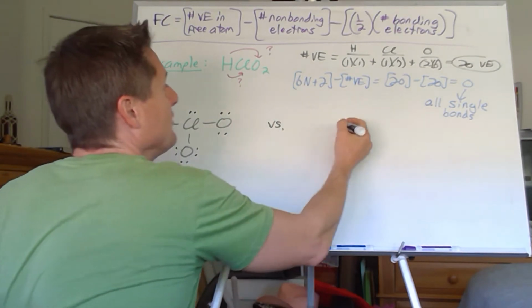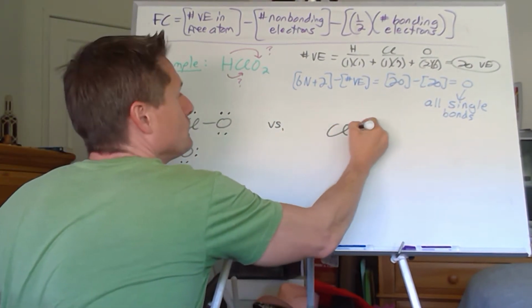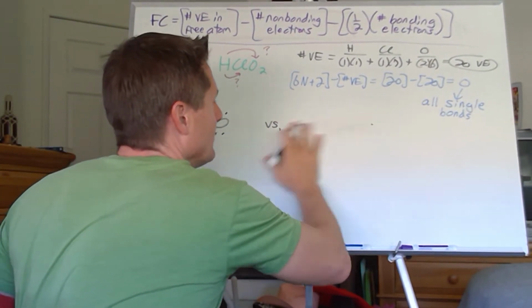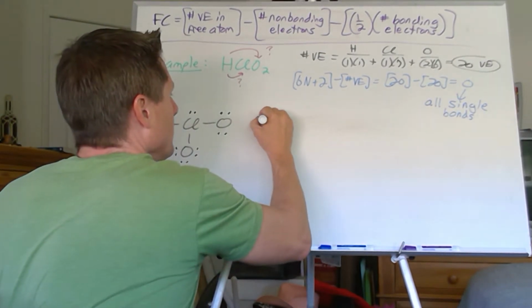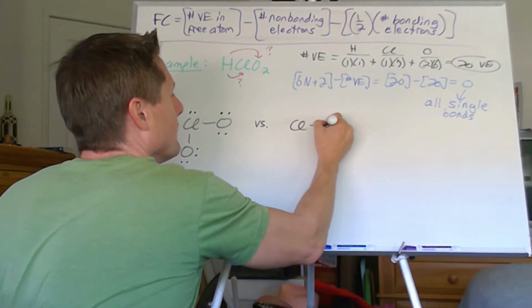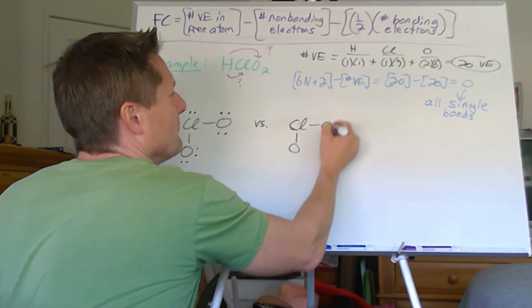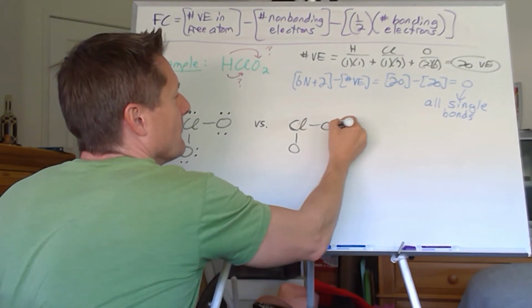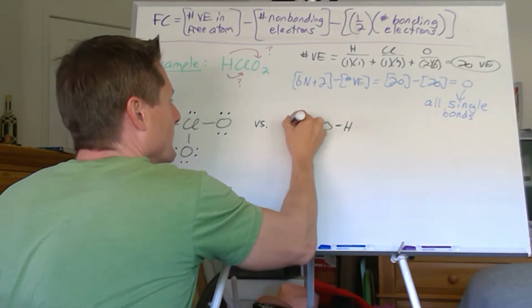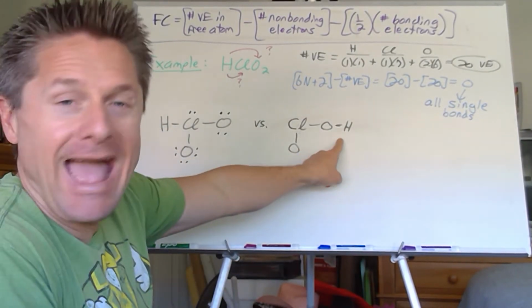All right. So now let's do it this way. We'll do the chlorine with the oxygens. Make this a little smaller. Ooh, that's an ugly looking chlorine. There. This is actually more correct.